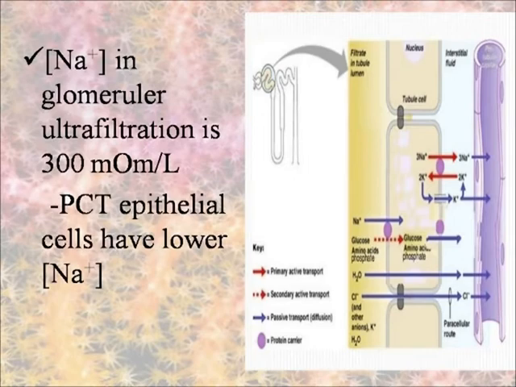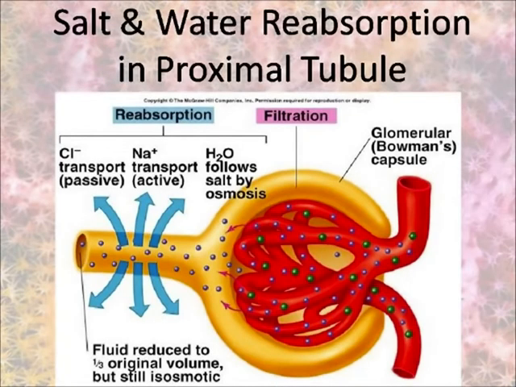The electrical gradient causes chloride ion movement towards higher sodium ion concentration, and water follows by osmosis. Salt and water reabsorption in the proximal tubule. From here, we can see that sodium ion is reabsorbed via active transport, while chloride ion is reabsorbed via passive transport, and water follows salt by osmosis.